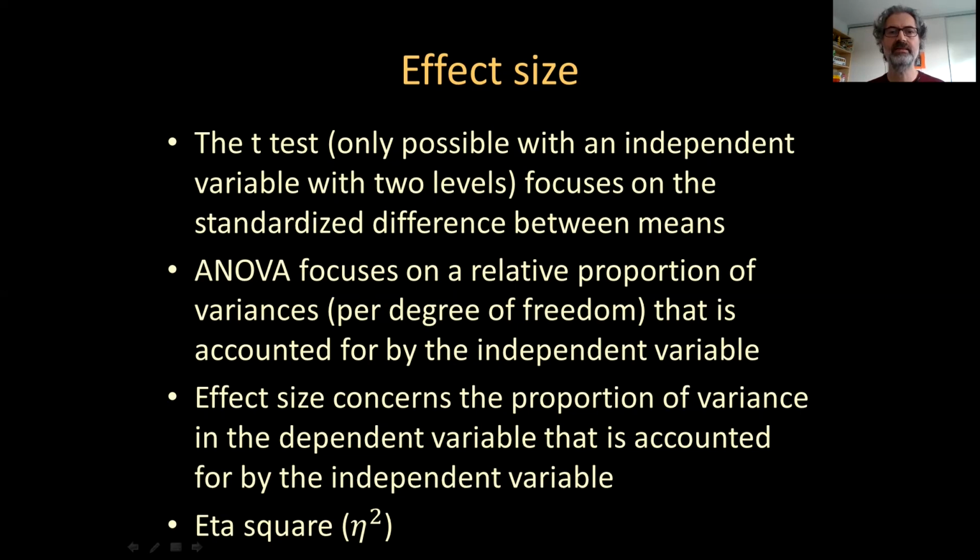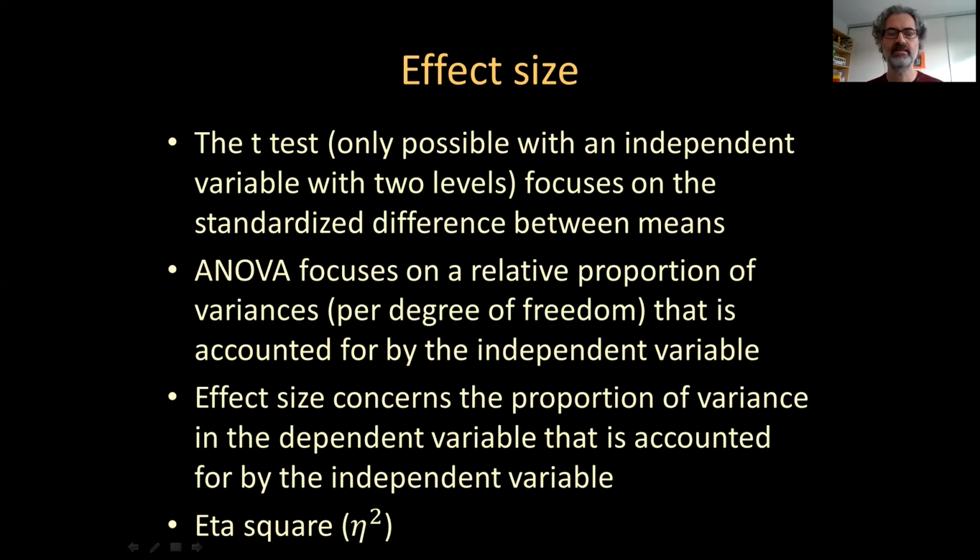And the statistical test is a ratio of sum of squares accounted for over sum of squares not accounted for. And each one is related to the corresponding degrees of freedom in the test, which means that, of course, the statistical hypothesis testing depends on sample size. Greater sample size allows us to discern smaller differences. That's how the degrees of freedom function in the F ratio.